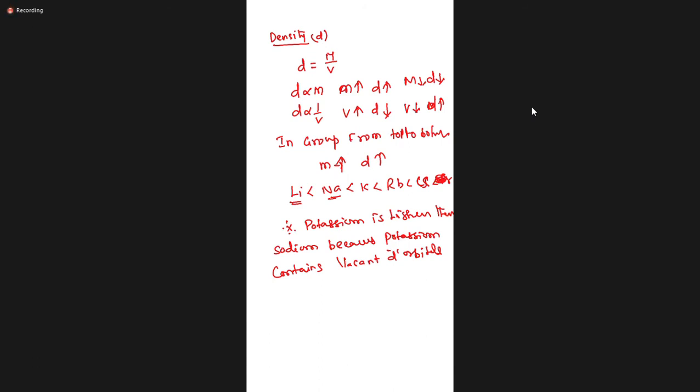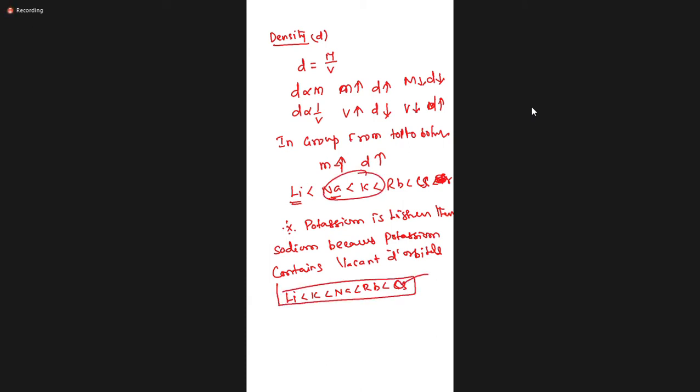That's why the order is changed. What is the order? Lithium is less than potassium, is less than sodium, is less than rubidium, is less than cesium. Now understood? This is the correct order.